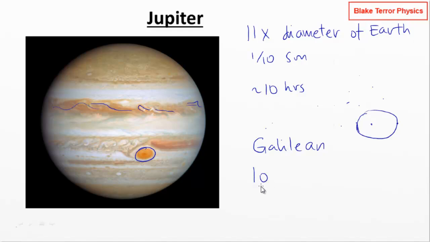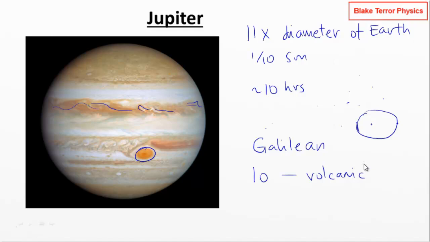And Io gets flexed quite a lot. And this is passing energy from Jupiter to these moons, because it is literally bending the surface and structure of these moons. And this leads to a lot of volcanic activity on Io because of the energy that's coming in from that flexing, gravitational flexing.